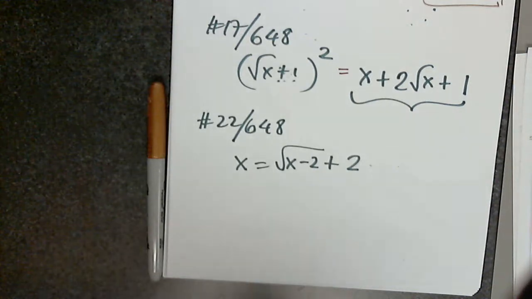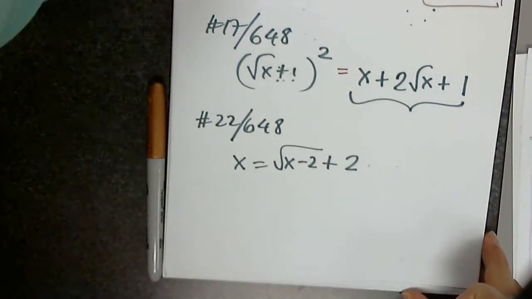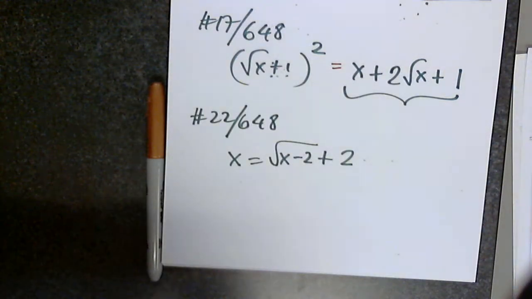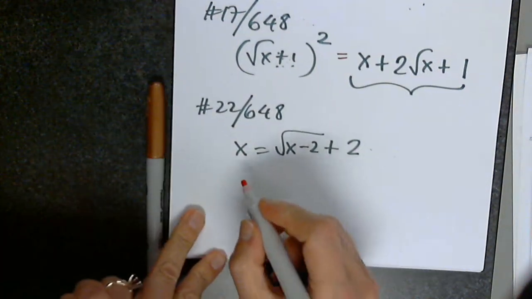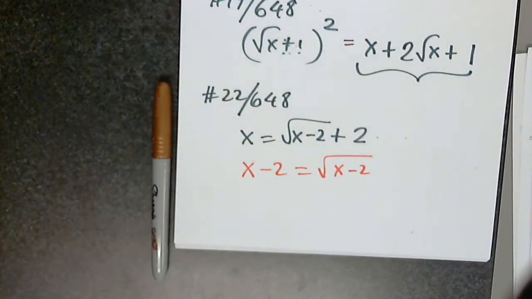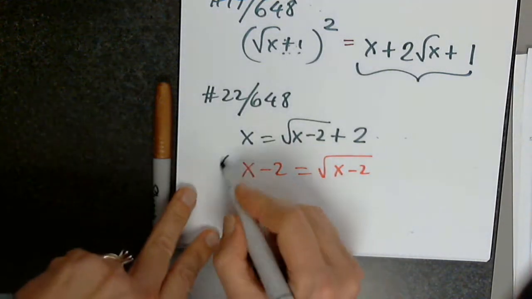Okay, what is the first step here? Yes, I have to isolate the radical. Excellent. Very good. What will be the next step? Exactly.